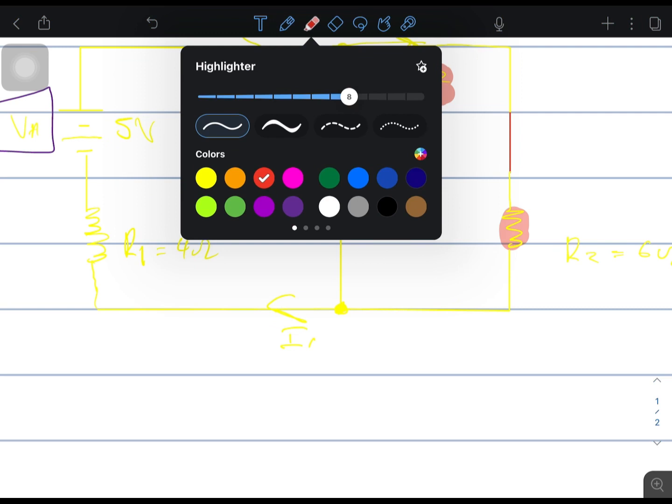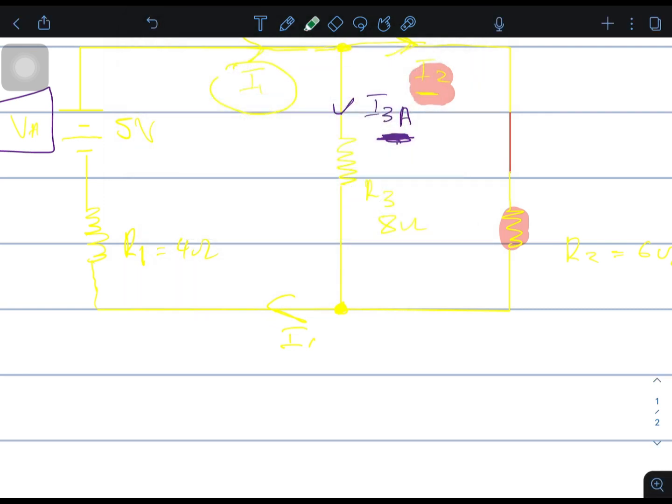If I look here, let me use a different color to highlight. This resistor and this resistor are in parallel, guys. So let me calculate R parallel 1.